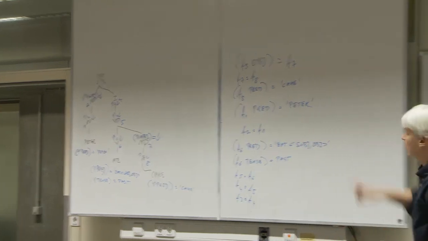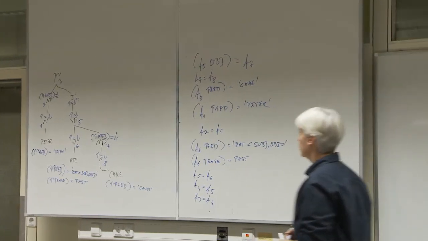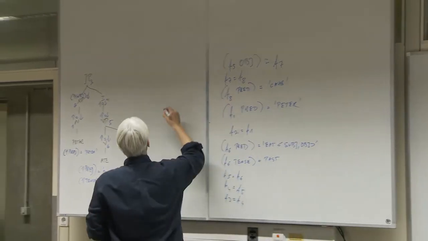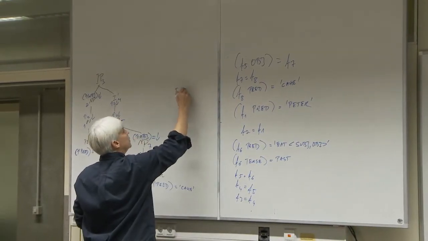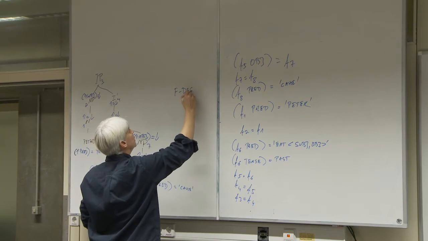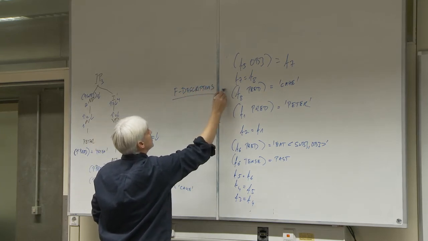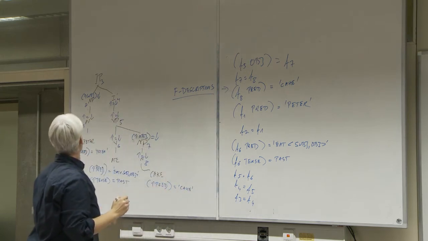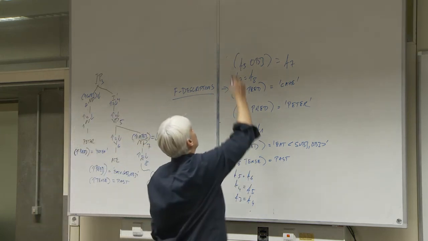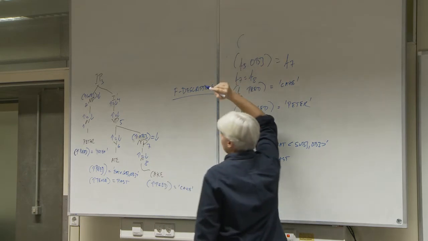So this is my collection of F descriptions. Did I forget that? So I forgot about the subject, it seems. So let's do that. Oh yeah, up there. What do I write there?